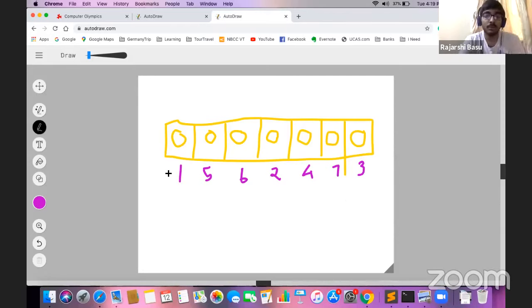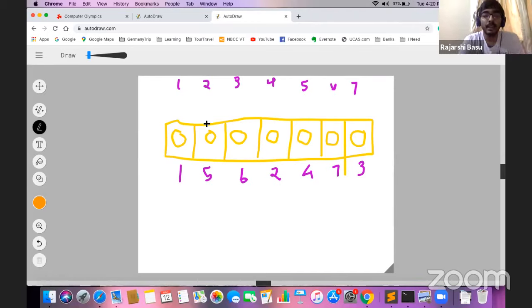Now, what do I mean by permutations? So ideally, what should have happened? Ideally, we should have 1 here, which is the identity permutation, 2 here, 3 here, 4 here, 5 here, 6 and 7, right?